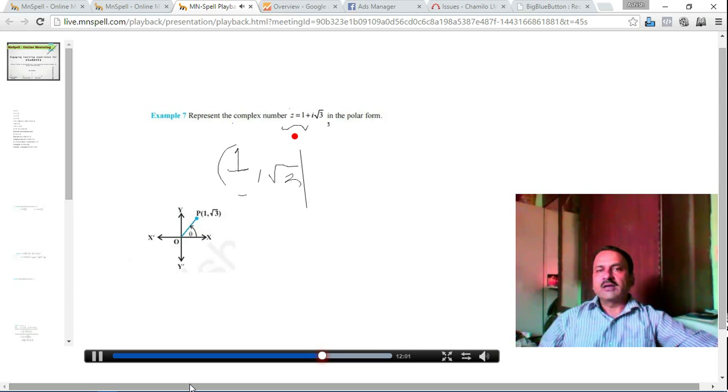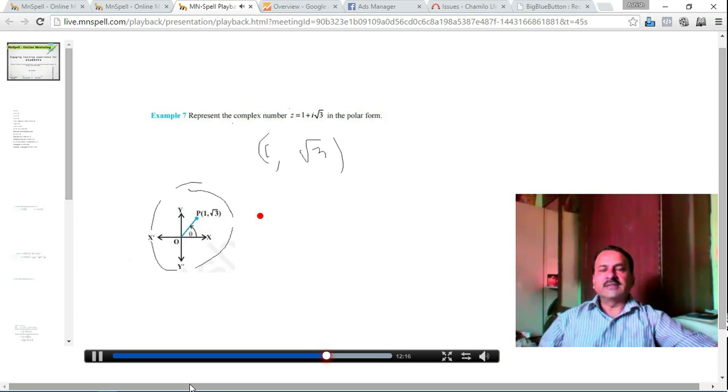If you plot this point 1 comma root 3 on the graph, you will get this graph. Polar form means you have to join this point to the origin. Origin is O. So this line OP represents this complex number 1 plus i root 3.